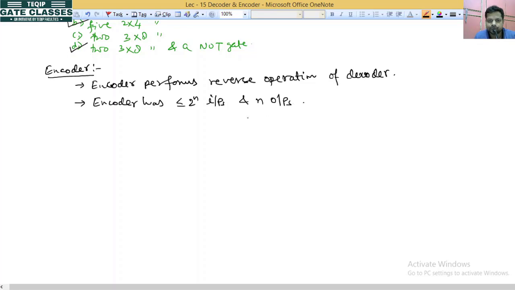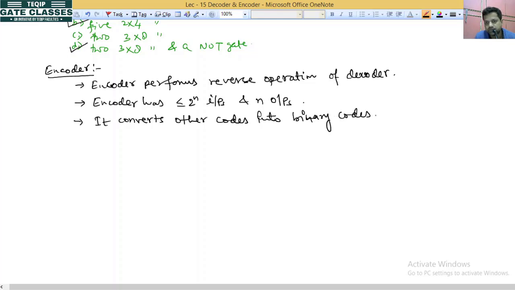What does it mean? It means that it converts other codes into binary code. It will convert other codes into binary codes.